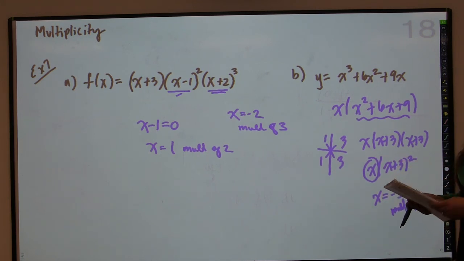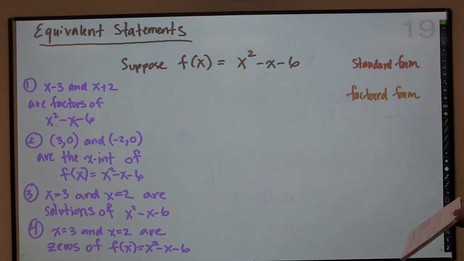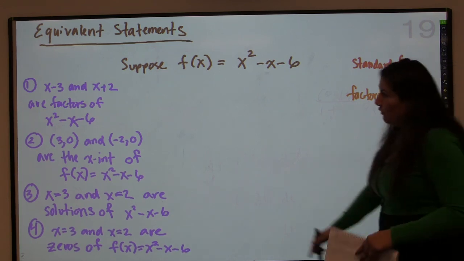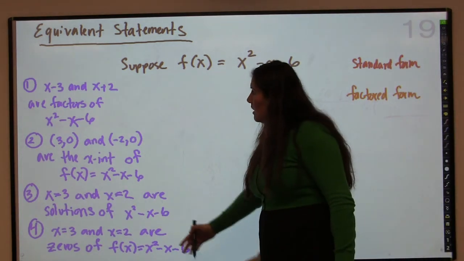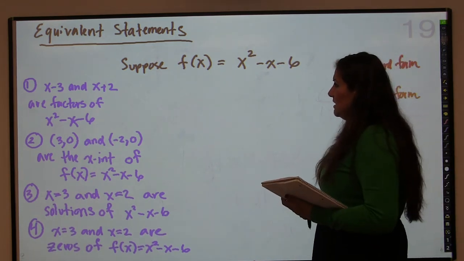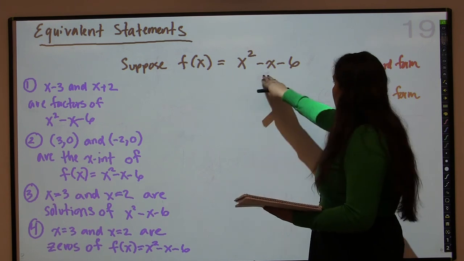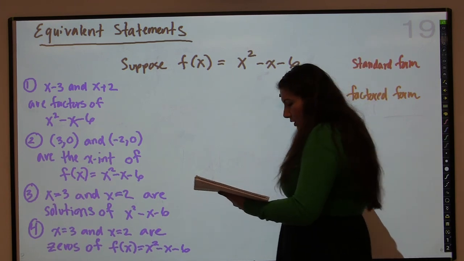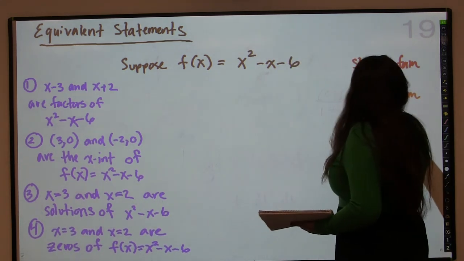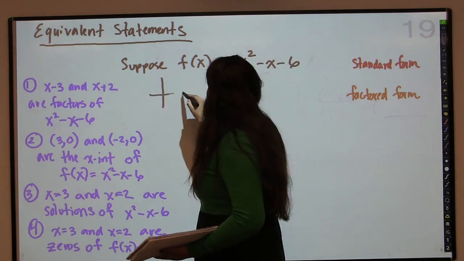So one last thing that you have to have in your notes is this guy. Equivalent statements about polynomials. These 4 things here, they're all the same thing. So I am going to show you that all this is basically different stages in the process. So we have this polynomial, okay, in standard form. I can make it factor form by using my little plus guy.